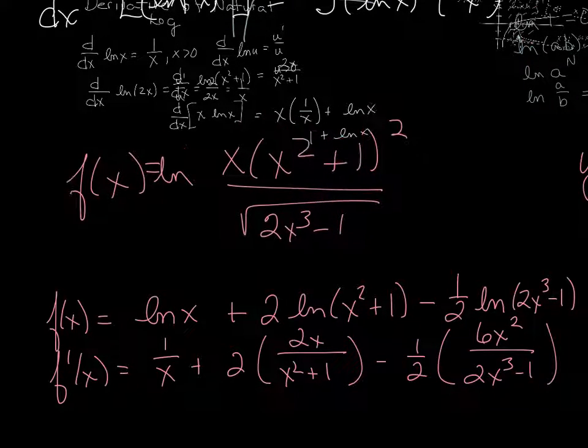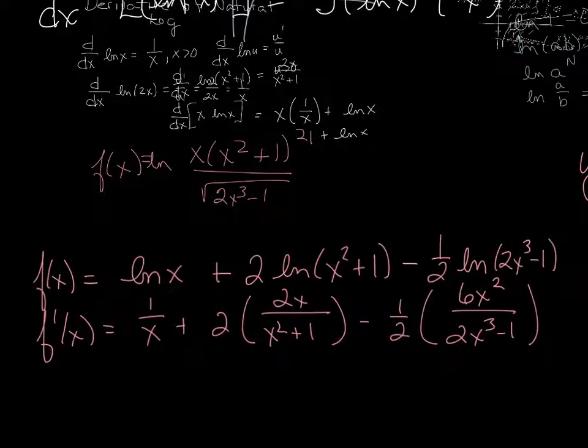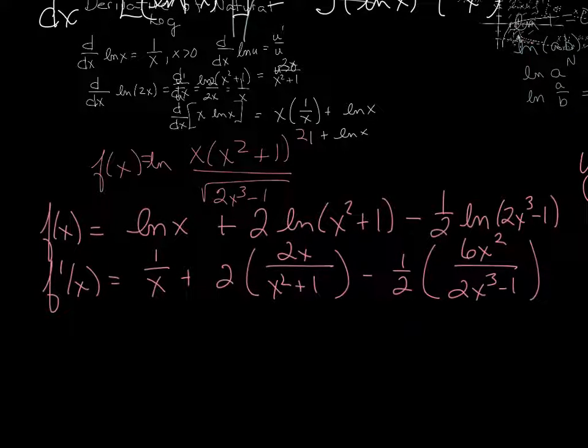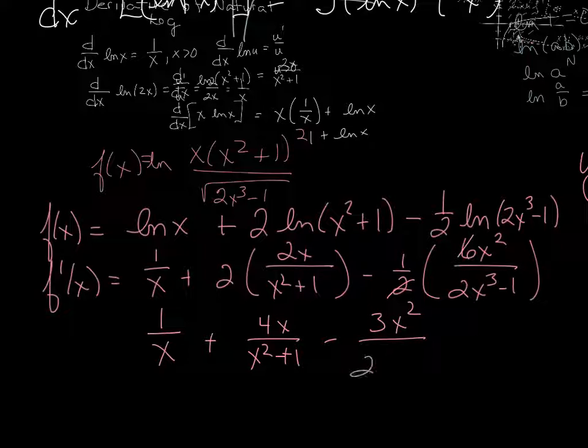And the only thing we can do now, I'm not going to make you get a common denominator: 1 over x plus 4x over x squared plus 1 minus 3x squared over 2x cubed minus 1.